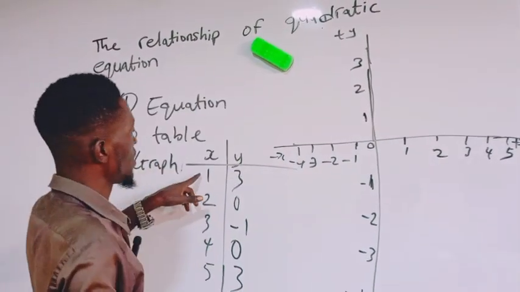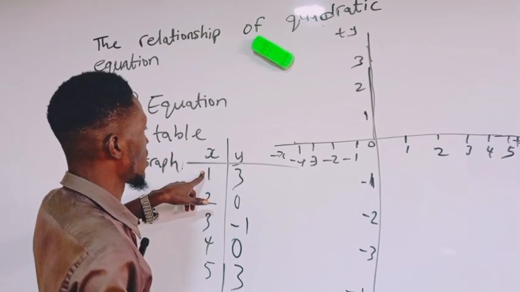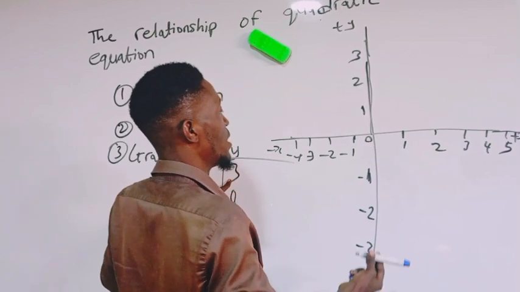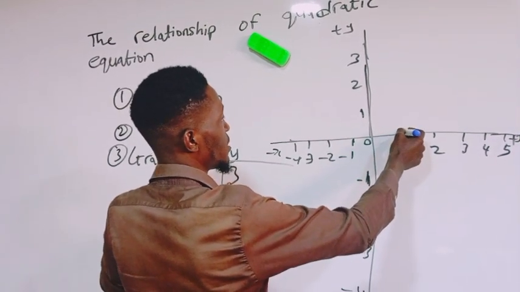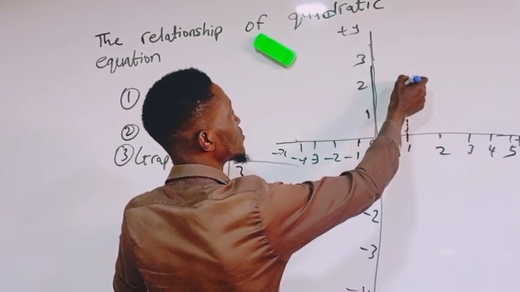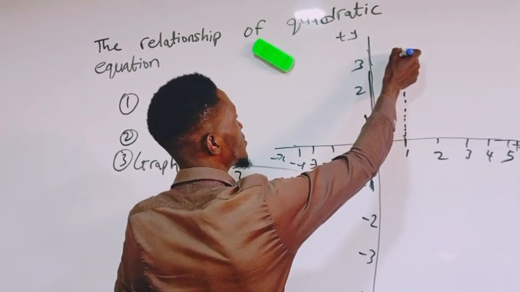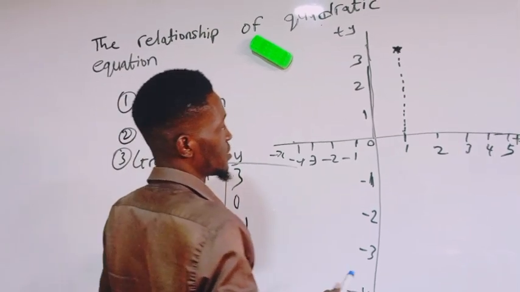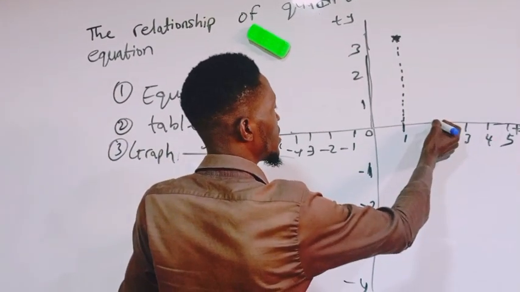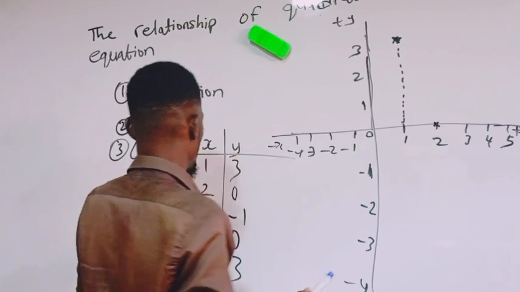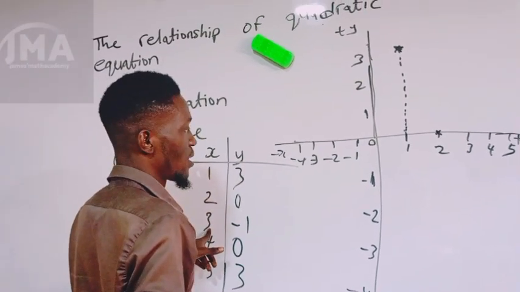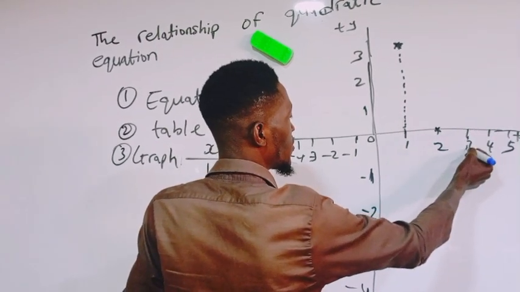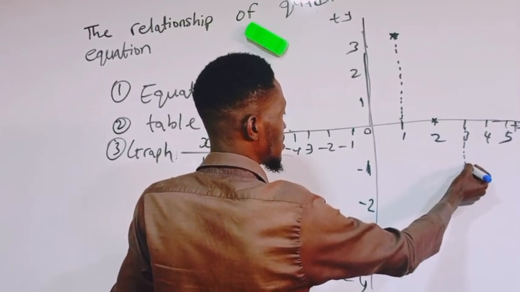When x is 1, y is 3, so we trace it up to 3. When x is 2, y is 0. When x is 3, y is minus 1, which is essentially on this side.